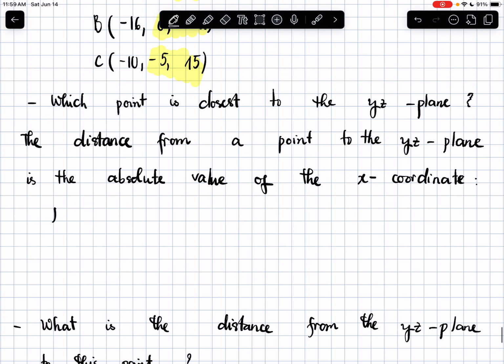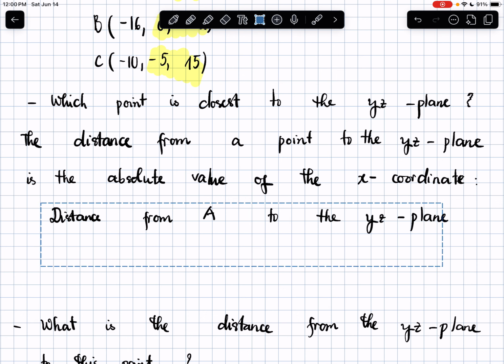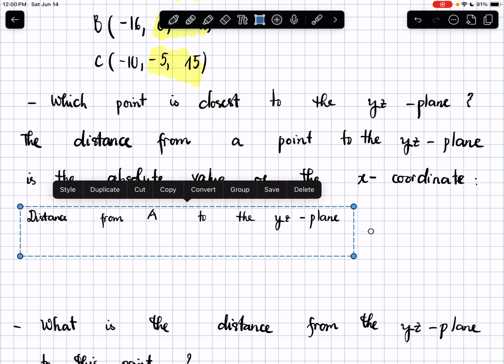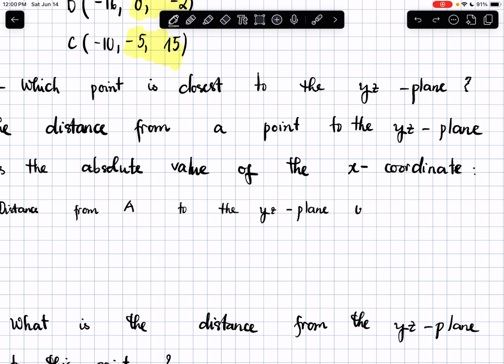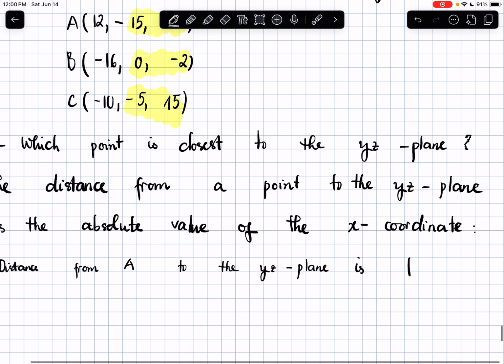So the distance from A to the YZ plane is the absolute value of 12, which is 12.